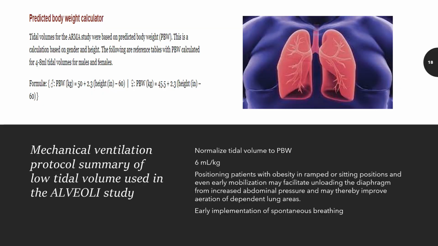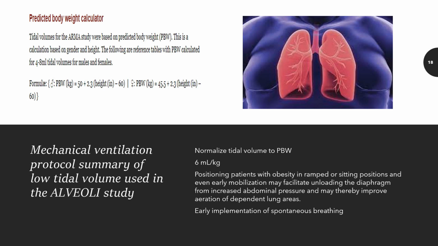I wanted to talk about a very important topic with obese patients, and that is tidal volume. The image on the upper right shows an obese patient, and in most cases, the assumption is that you could give them a bigger tidal volume based on their weight. I know we all know that you cannot give a tidal volume based on the body's weight.